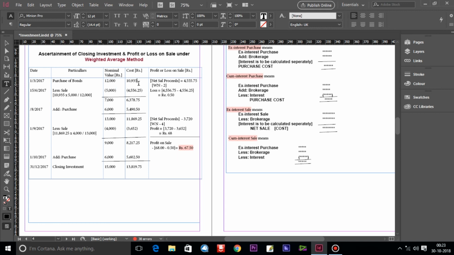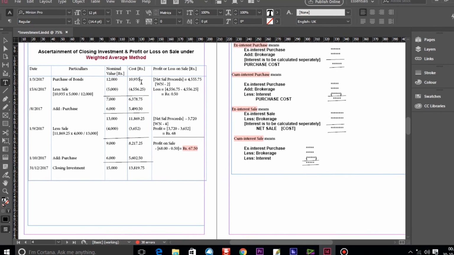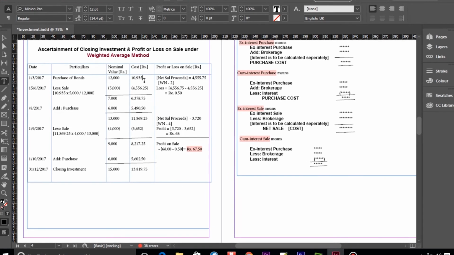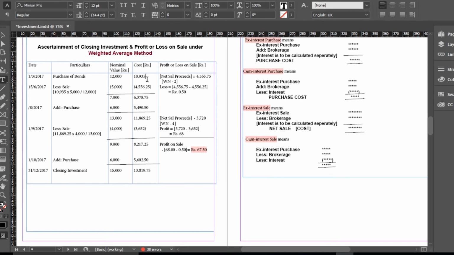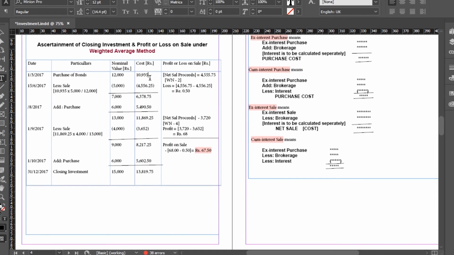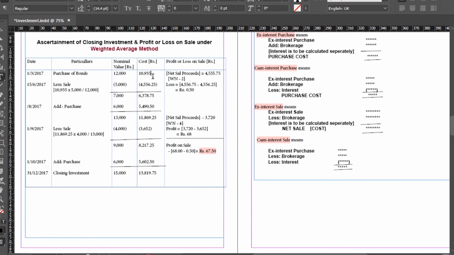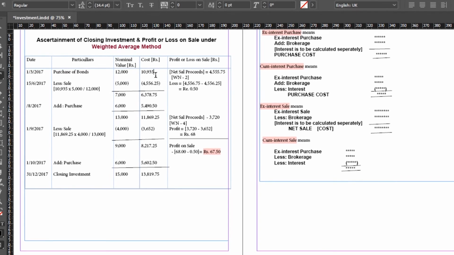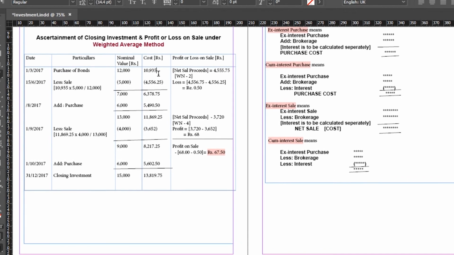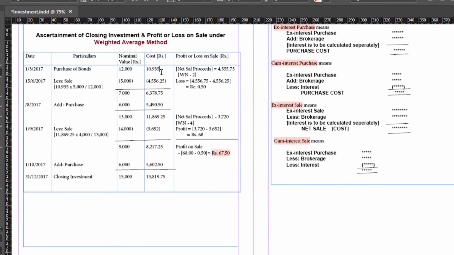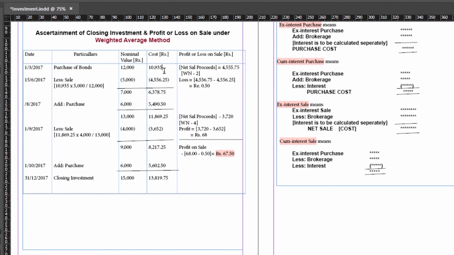On 1/8/2017, you purchase rupees 6,000. It is also given in our question, and we got that amount rupees 6,000 on 1/8. Therefore, you add that amount, and we got 13,000, and sale price was 11,869.25.